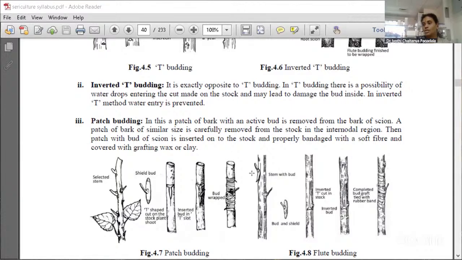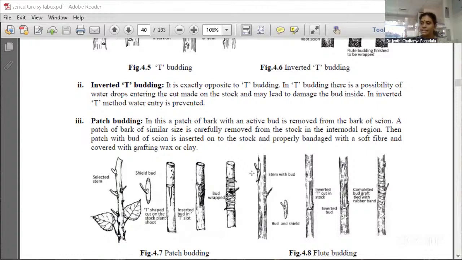The stalk should not be damaged. The cut or site of the insertion should be bandaged properly to prevent entry of water and air. It is necessary to inhibit sprouting of other buds on the stalk.